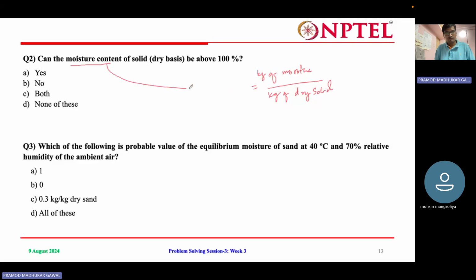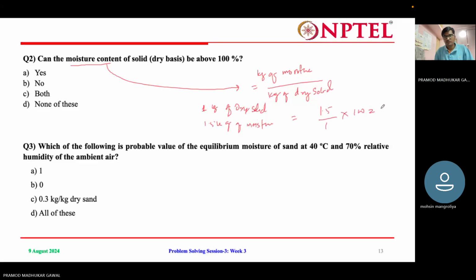Suppose you have 1 kg of dry solid and 1.5 kg of water as moisture. Here it is 1.5 divided by 1 into 100, so it's 150%. So the moisture content of a solid can be above 100%.